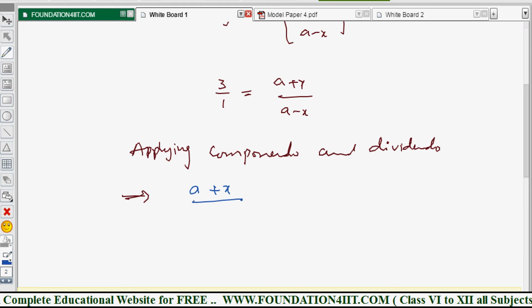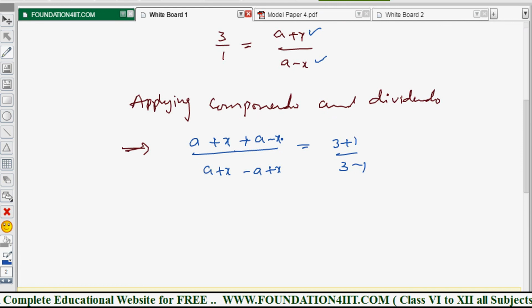That is (a plus x plus a minus x) by (a plus x minus a plus x). So the numerator and denominator we added and subtracted both. Similarly, 3 plus 1 by 3 minus 1.